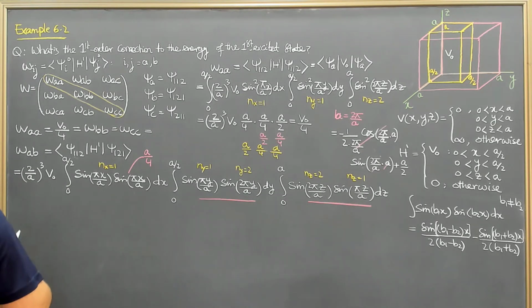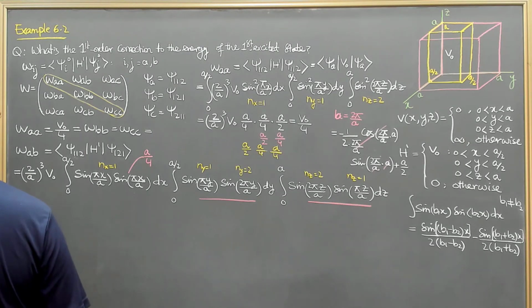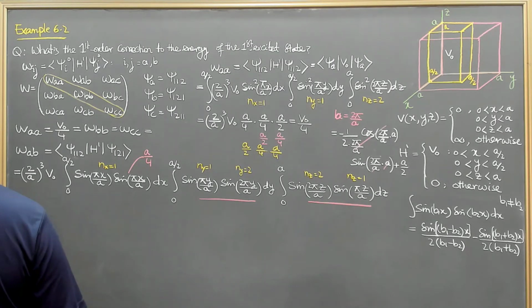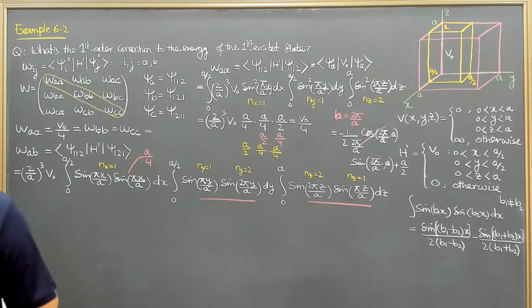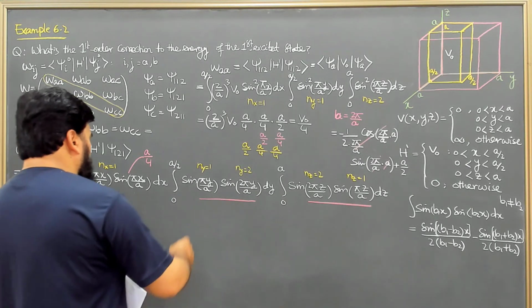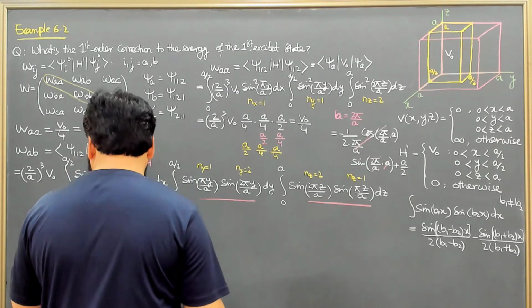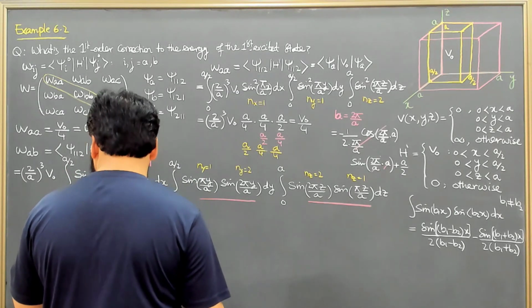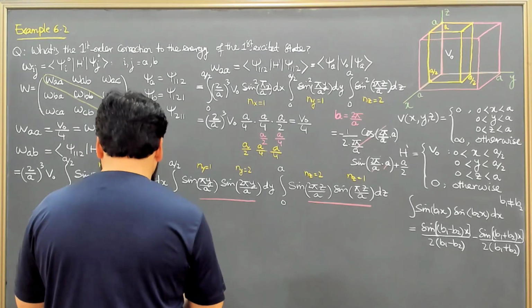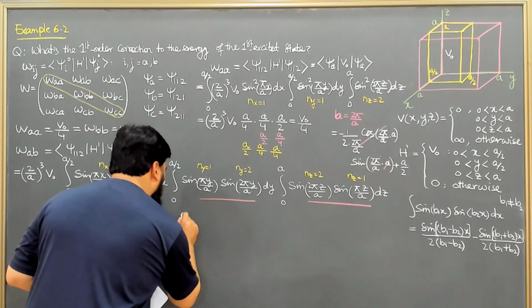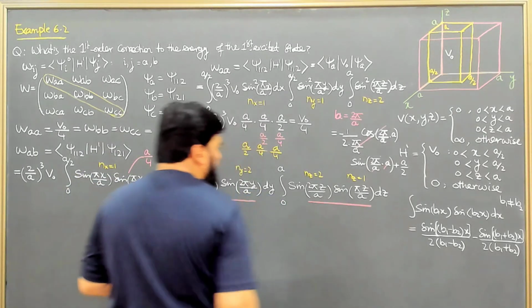And for the next two we will calculate. So here let me write these two things: sin(pi y over a) and sin(2 pi y over a). Let me write the solution of this one according to this formula.